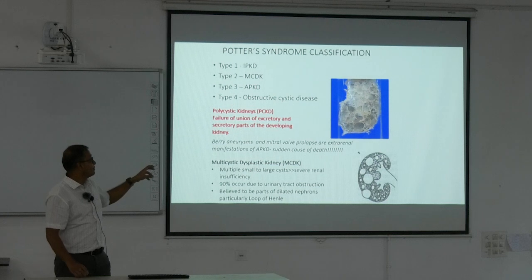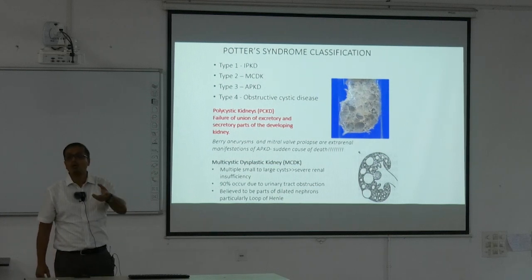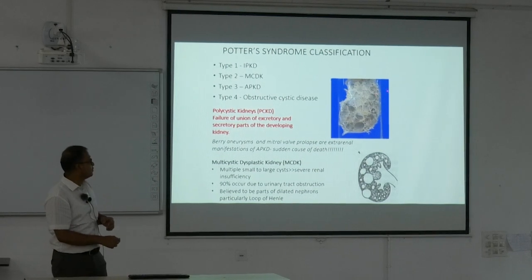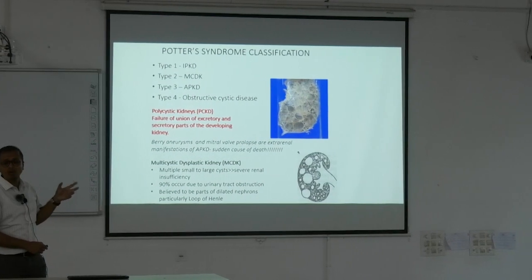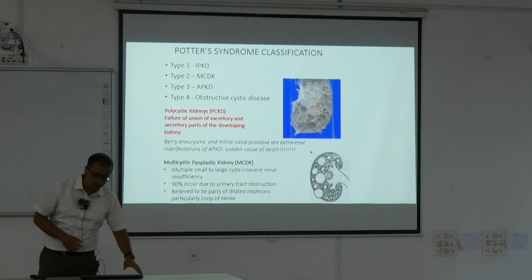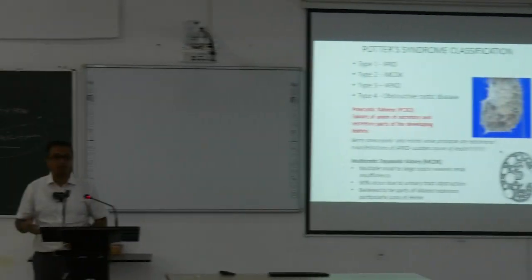The kidney is producing urine, but it is not thrown out to the collecting system; it remains within the kidney. So all the vesicles you are seeing here are filled with clear fluid, the urine. This is about kidney development and kidney developmental errors.